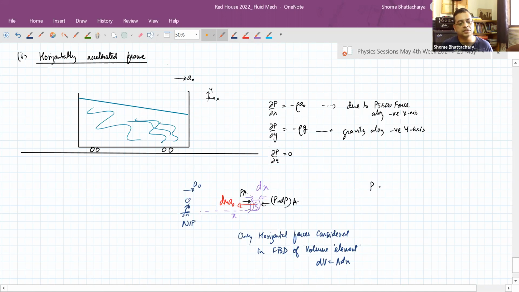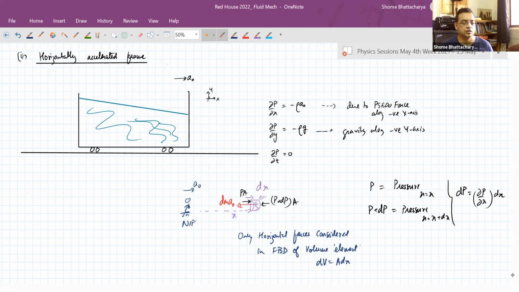So P is the pressure at x equal to x, whereas P plus dP is the pressure at x equal to x plus dx. So from this, the change in pressure is the horizontal pressure gradient times the change in the x coordinate. Now, in this non-inertial frame, this volume element will be seen to be at rest in equilibrium. So forces have to balance.